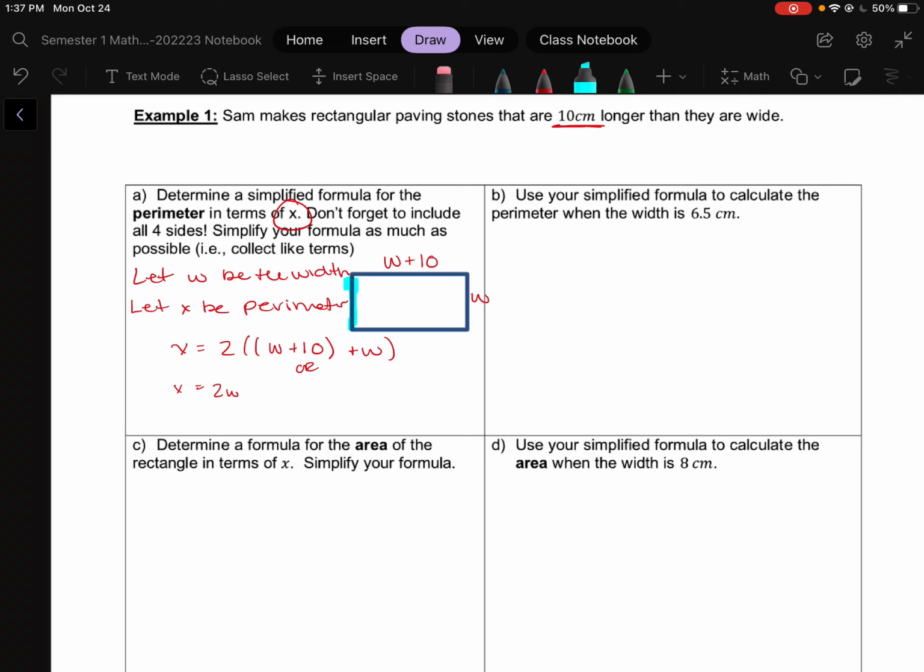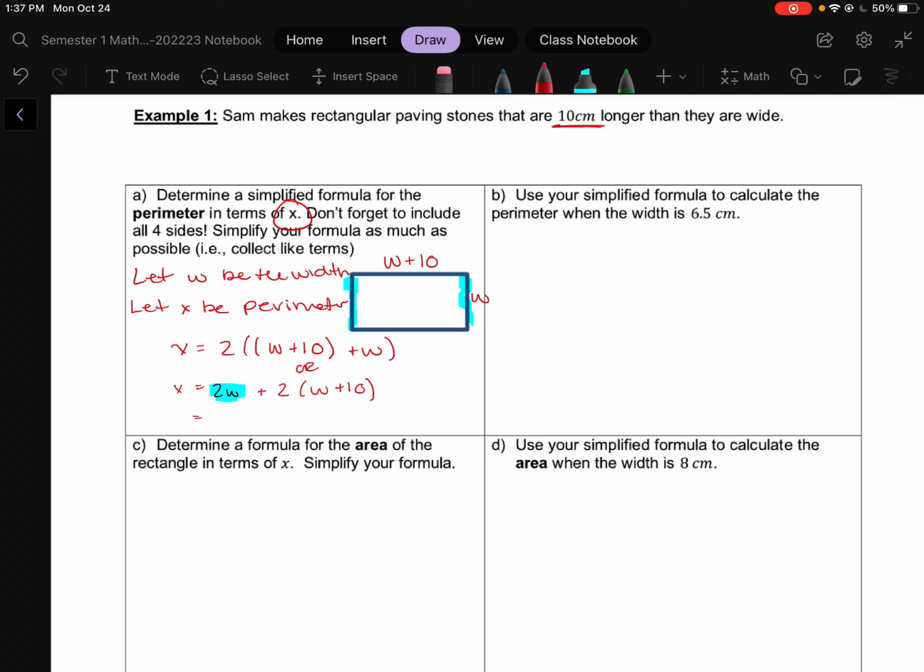We're going to cover this side and this side with just this expression here, plus 2 bracket W plus 10. Okay, so either way, that is going to be our expression.